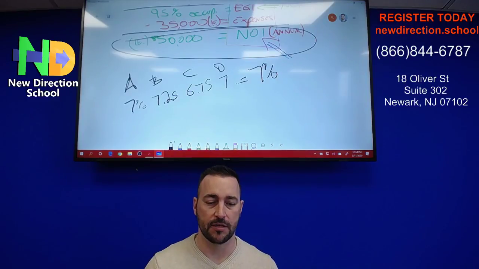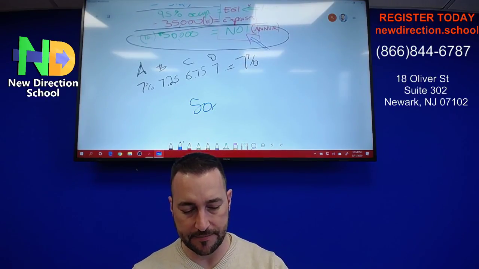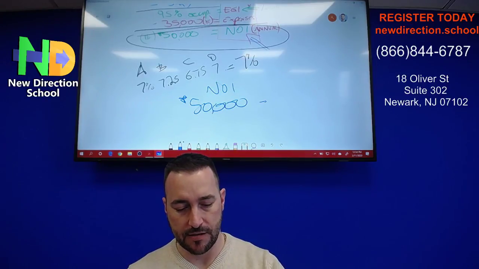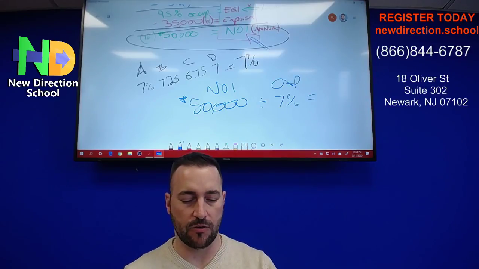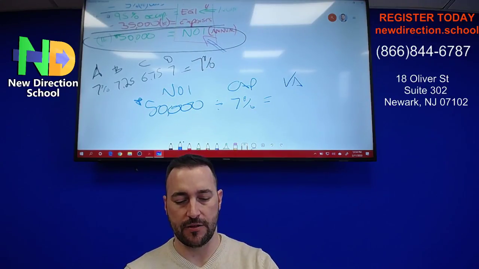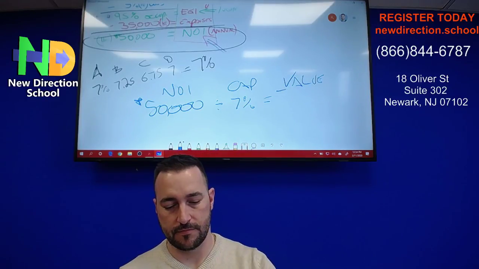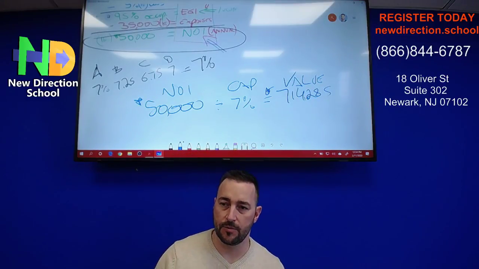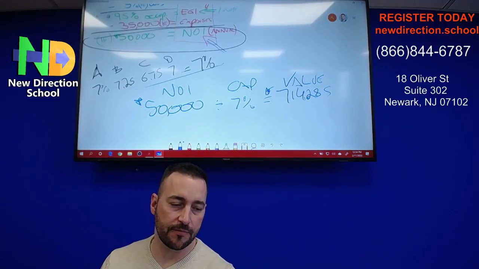So in this scenario, it would be $50,000 net, right? NOI divided by 7%, which is the cap rate, equals value. What is it? 714,285.71. So that's the value of this property. But we need to compare to properties in the area.